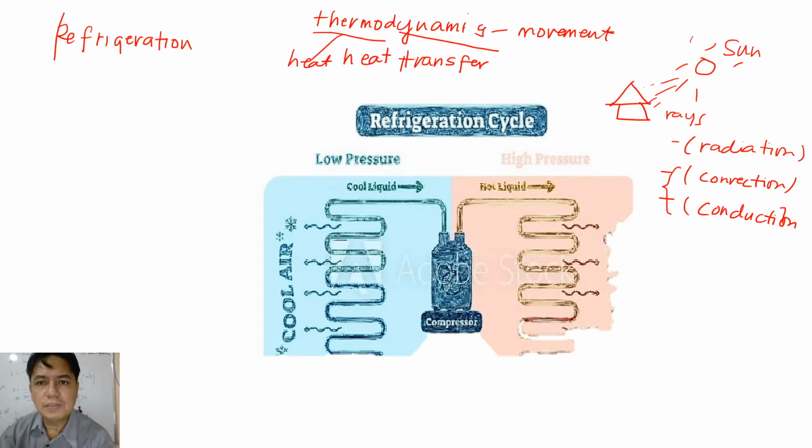When you remove heat, it will become cold. When heat is transferred to a cold matter, body, or object, cooling can happen, because the absence of heat is coldness.